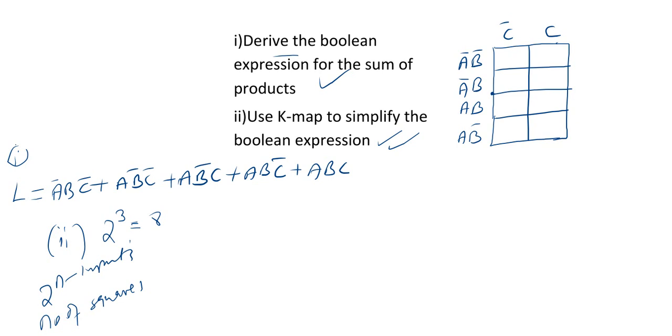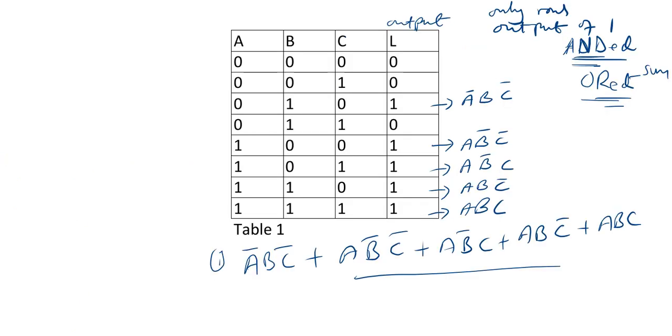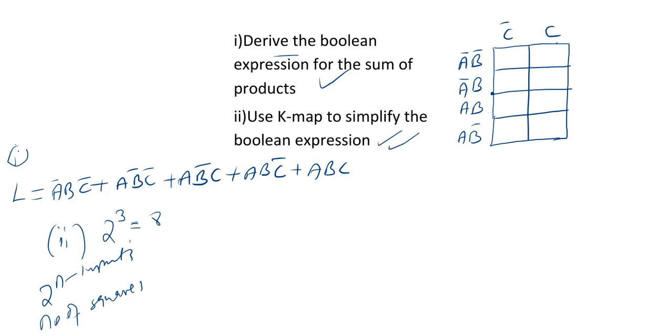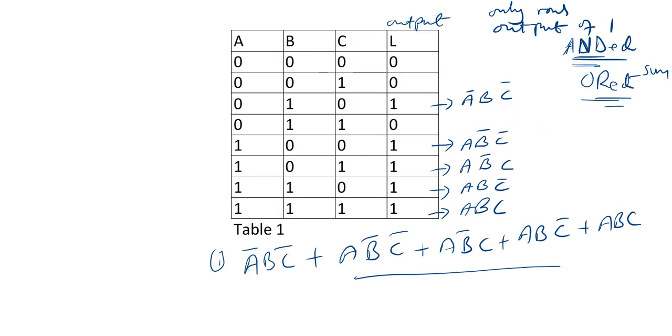Remember, this is the same as whatever is in the truth table. Let me proceed, and I'll show you how this can be gotten from the truth table, how we relate it with the truth table.